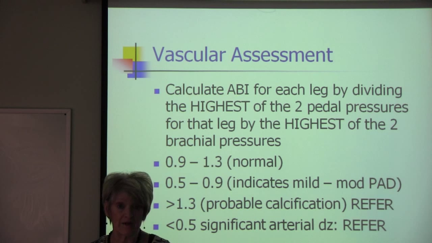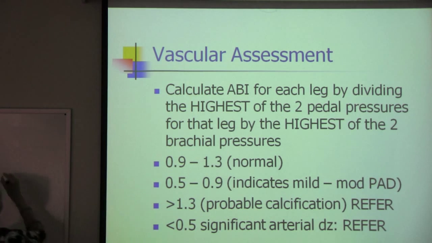So let's say that my right brachial is 120 and my left brachial is 110. Strike through the 110. You're not going to use that at all in your calculations. 120 becomes the denominator for both the right ABI and the left ABI.